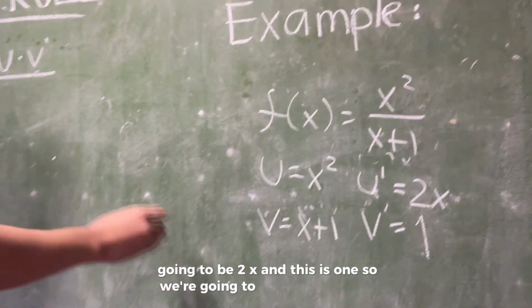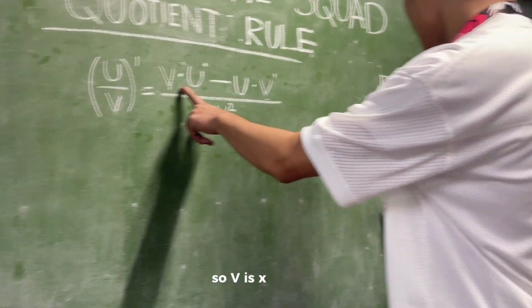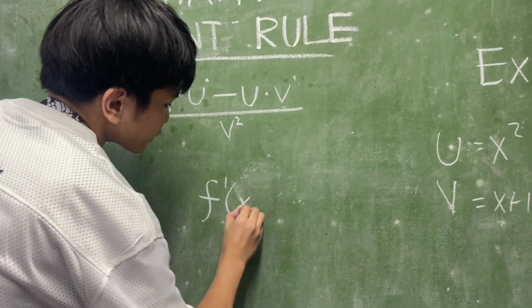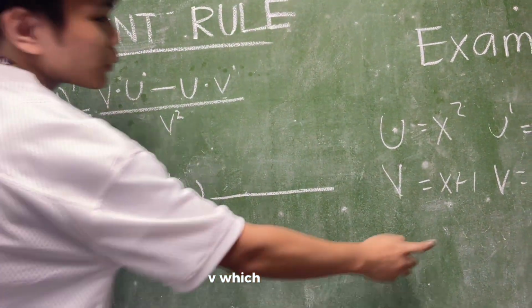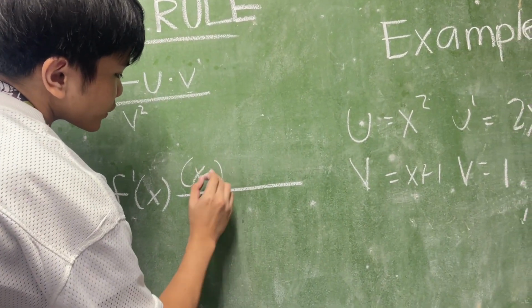So we're going to apply the formula. v is x plus 1, v, which is x plus 1. Oops, sorry.